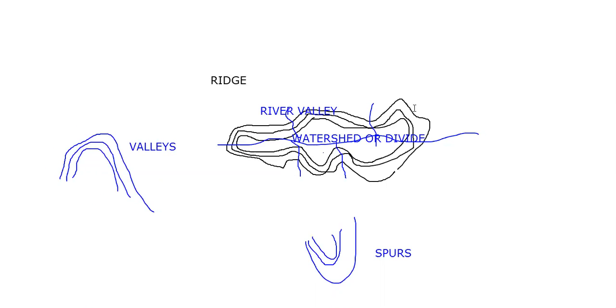Good. Now, the next feature that I'll be looking at is what we call a col or a saddle. It appears to be knolls on a map if you don't look closely, but they're actually not.